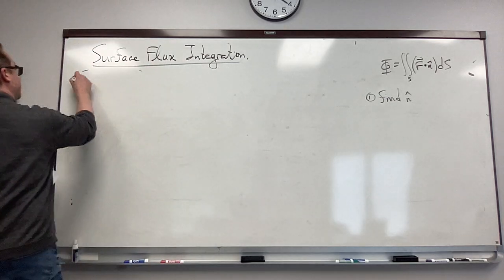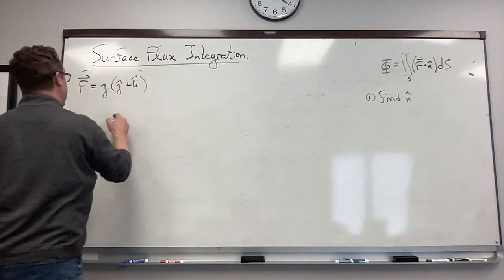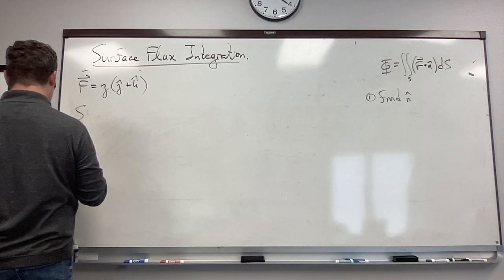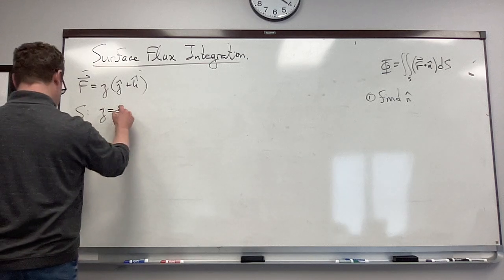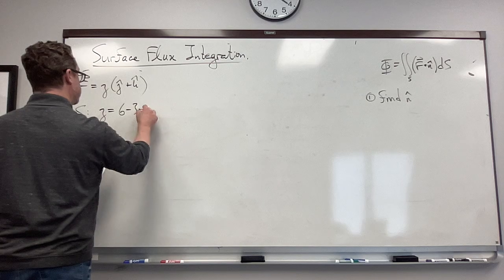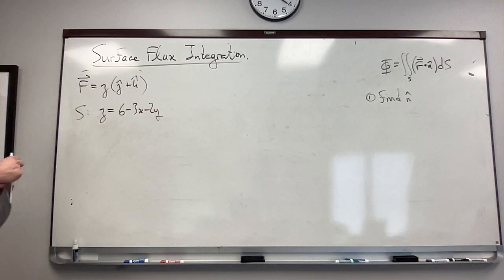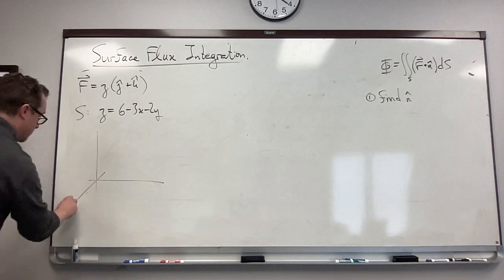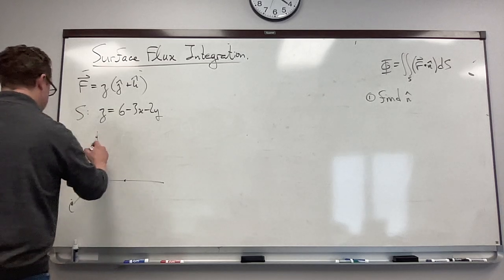Our vector field was z j plus k, and our surface was defined by the plane z equals 6 minus 3x minus 2y in the first octant. That's what we got. Now, I'm going to redraw this thing quickly because we're going to refer to it. So this was 2, 3, 6.